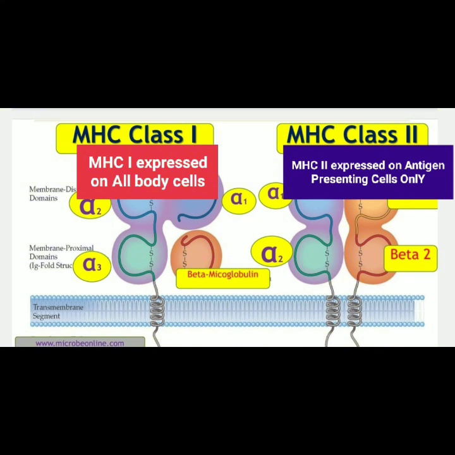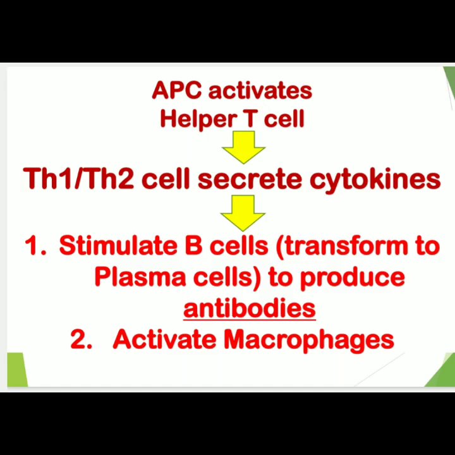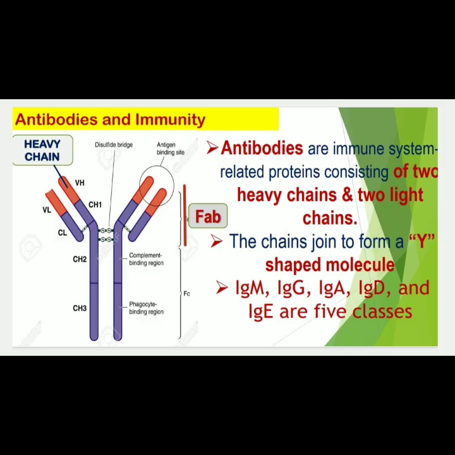Once the helper T lymphocytes are activated, they secrete cytokines that stimulate the B lymphocytes to become large plasma cells that produce antibodies. Antibodies can be classified into IgA, IgM, IgG, IgD, and IgE.